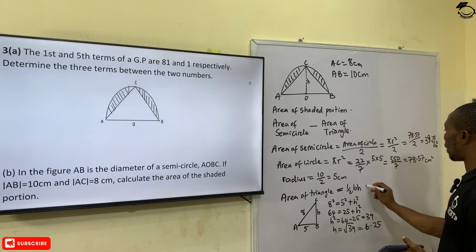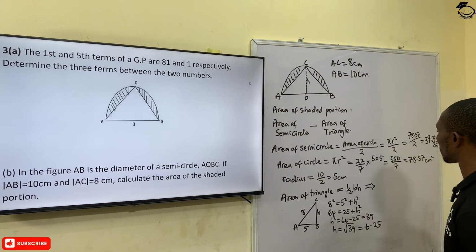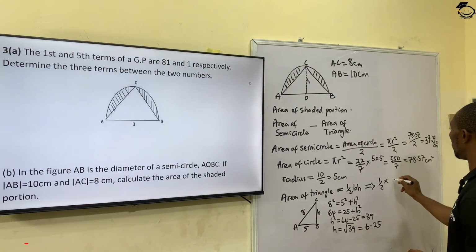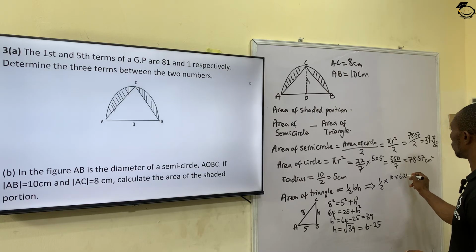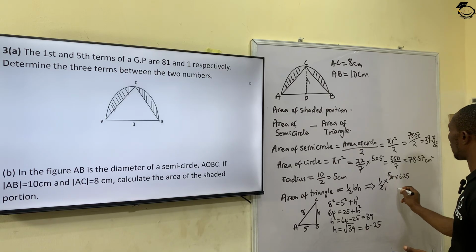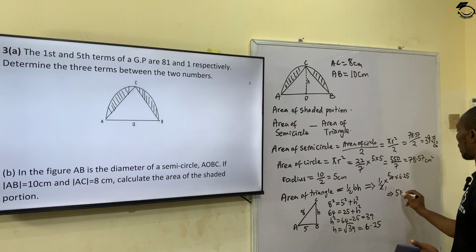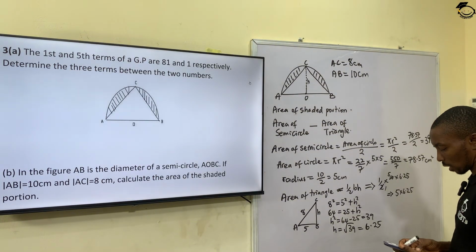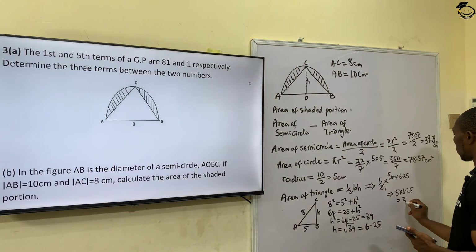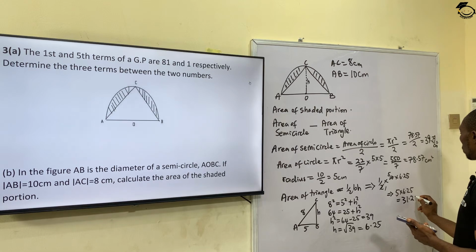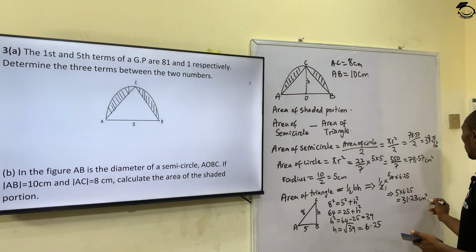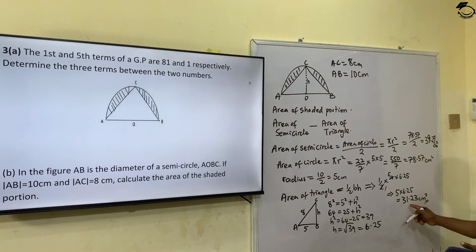So our height of our triangle will be 6.25. Now, back to our formula of half base times height, we have half times our base, which is 10, times 6.25. So this will leave us with 5 times 6.25, which would give us 31.23 centimeter squared. So that will give us our area of triangle.